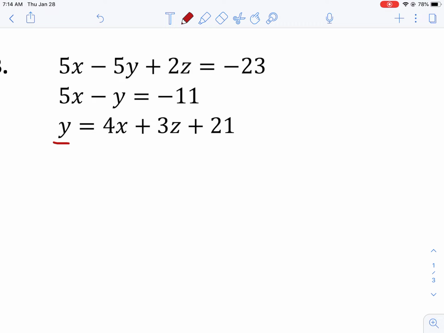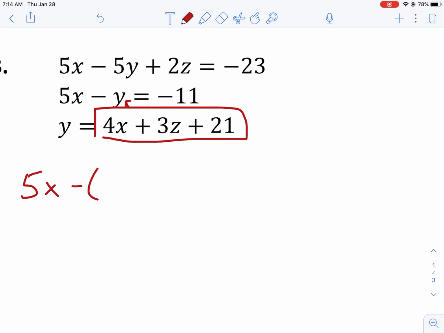I'm trying to think about the quickest way to go about this problem, because it seems like they want us to plug this in, but what do they even want us to plug that into is the question. It seems like they want us to plug it into here. So I'm just going to go with that, and we're going to see in this video how this works out.